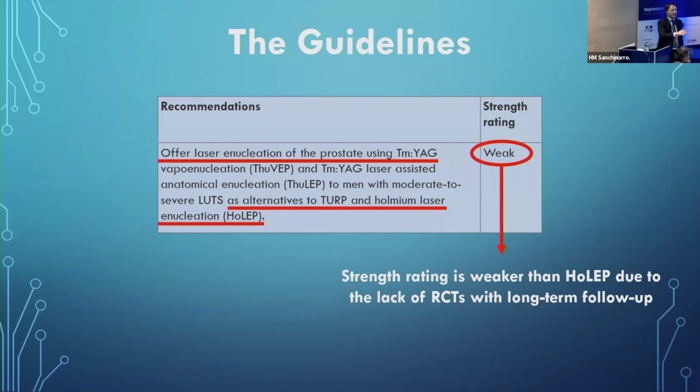But according to guidelines, we have less time to prove it. So we have very good results, but we have less time in which we tested HoLEP, ThuLEP, TFLEP, and so all these guidelines say that the evidence is weak, not because we have no good result, but because we have good results for a short time.